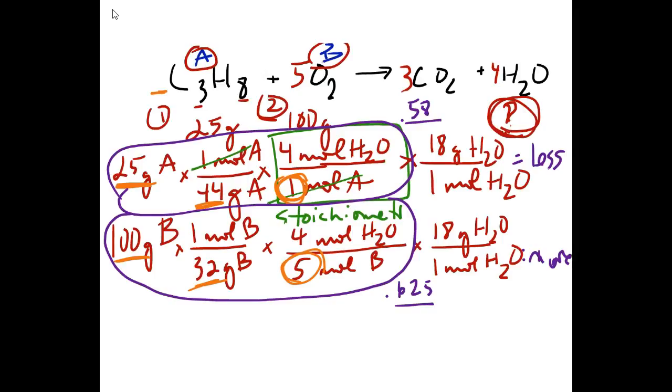That means that this, in fact, is your limiting reactant. So the propane is the limiting reactant. Okay, so the novice chemist would have gotten lucky on that one. The one with the fewer grams does turn out to be the limiting reactant. But as you can see, it did not have to be that way, because you have to consider the mole-to-mole ratios.